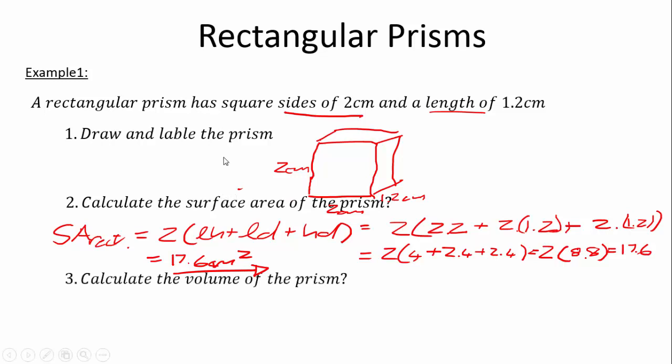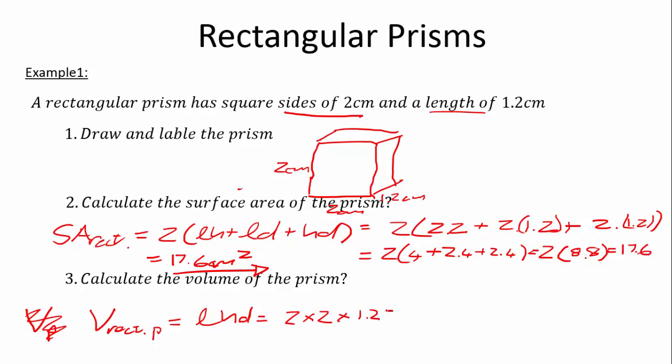Okay, let's calculate the volume of the prism. That's much easier. The volume of a rectangular prism is equal to the length times the height times the depth, which is 2 multiplied by 2 multiplied by 1.2. What is 2 multiplied by 2?